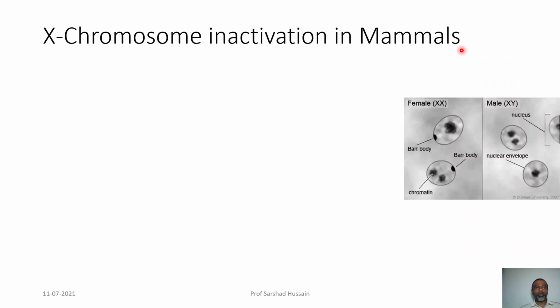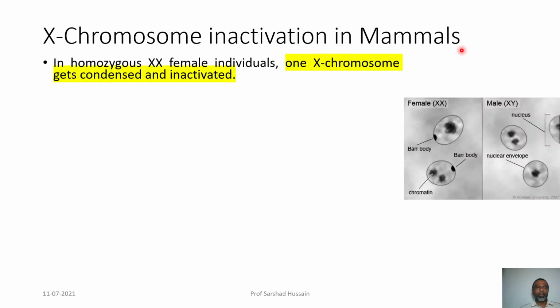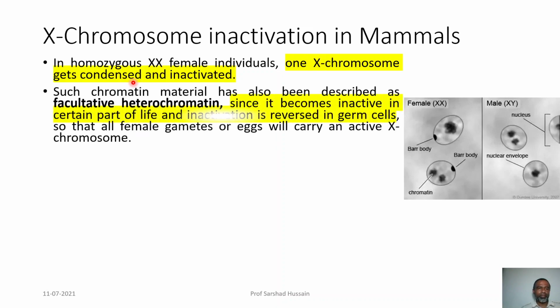So, let us look first of all at X chromosome inactivation in mammals. In homozygous XX female individuals, one X chromosome gets condensed and inactivated. So, what happens? You have two X chromosomes in the female, but one X chromosome is not functional. It is condensed and inactivated.